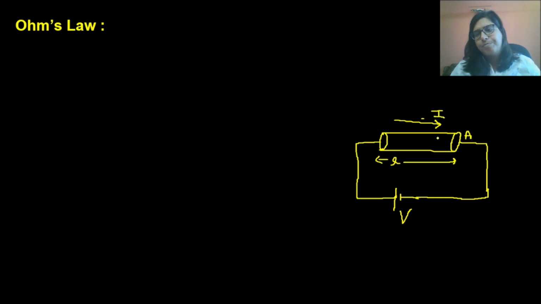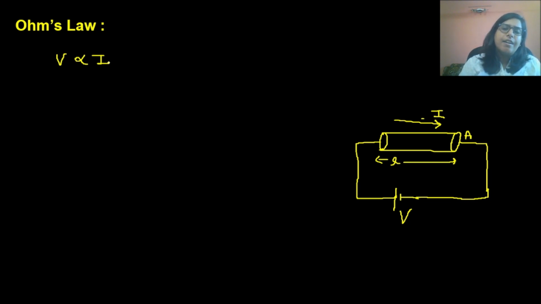Suppose this is I. Now if the physical state of this conductor, that means the length, temperature and area, remains constant, then the voltage applied to this conductor is directly proportional to the current flowing through this conductor.